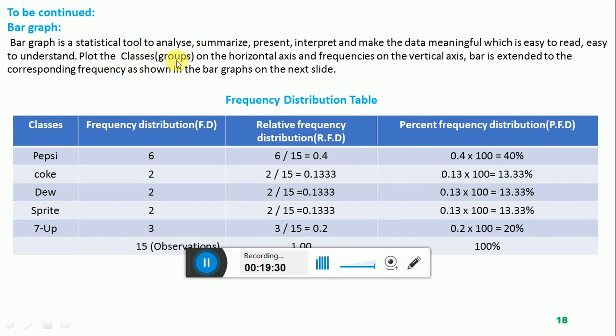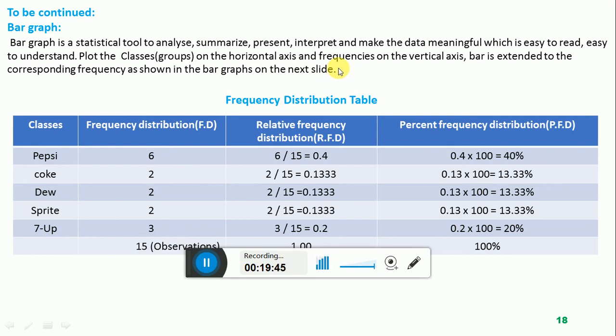Plot the classes, the groups on the horizontal axis and frequencies on the vertical axis. A bar is extended to the corresponding frequency, as shown in the bar graphs on the next slide.